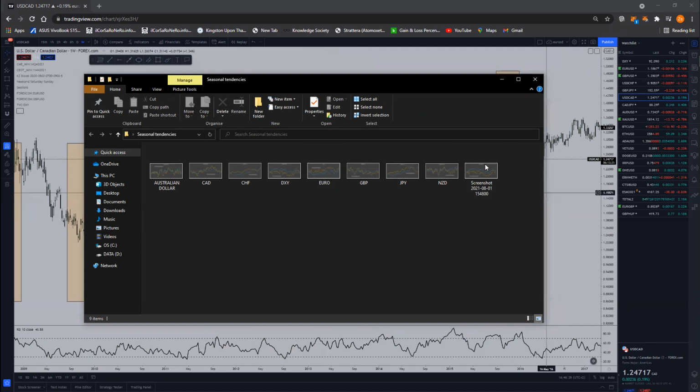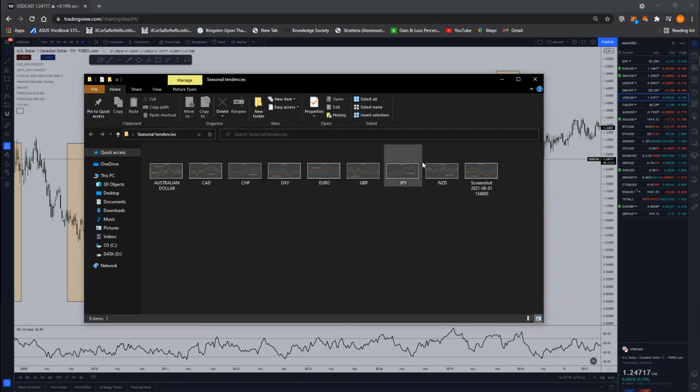I know there are some confusions in developing traders and people that haven't really been looking at seasonal tendencies, and they don't really understand what's going on when the main currency goes up and the secondary goes down, or how you're supposed to read it. Okay, so I'm gonna make it short and sweet. Try to be as simple as possible.